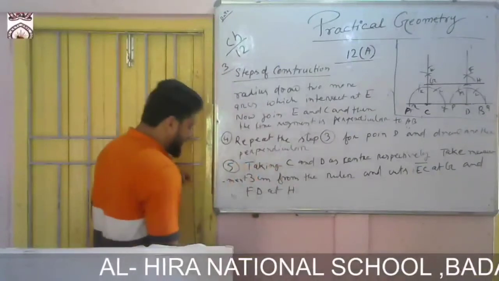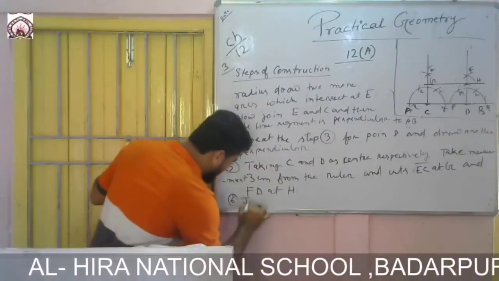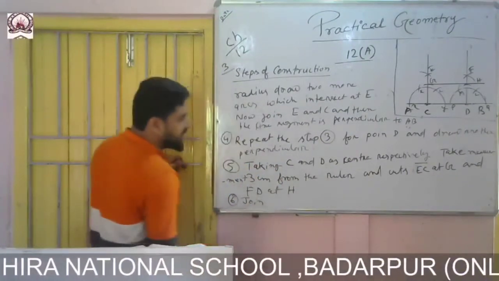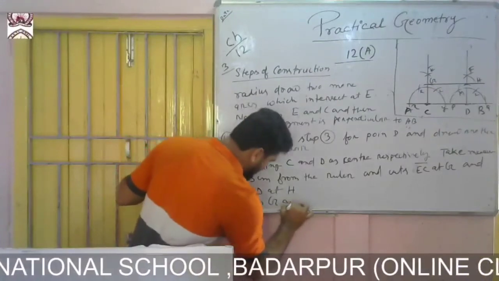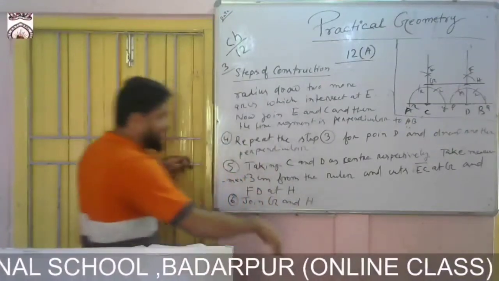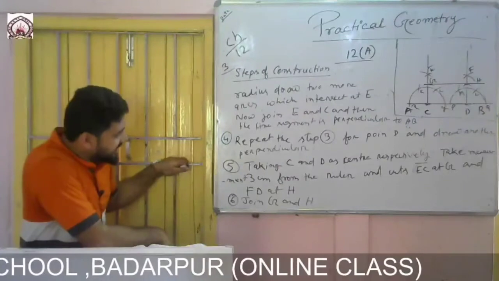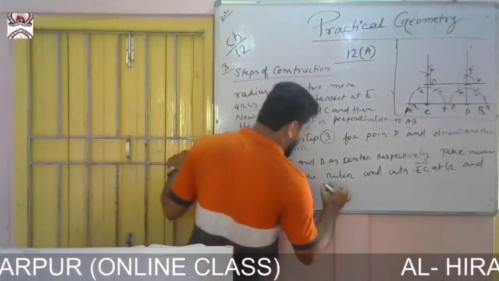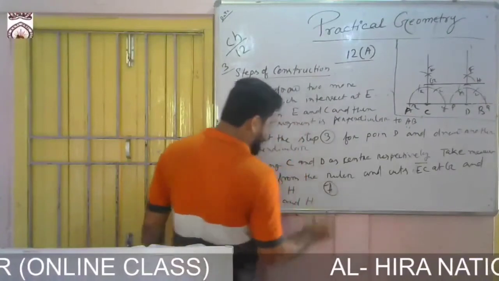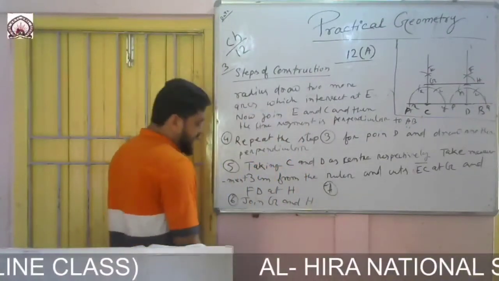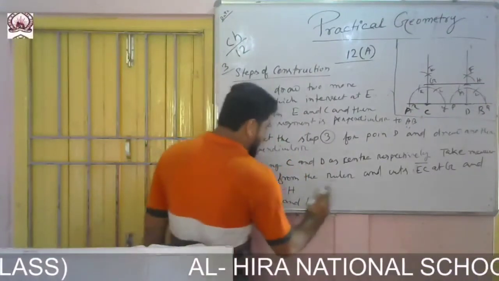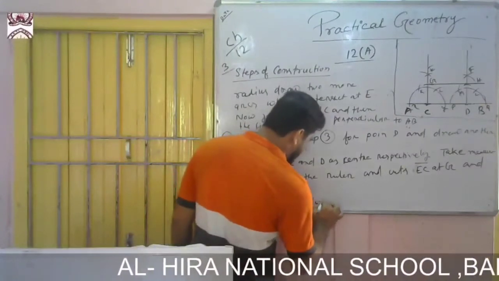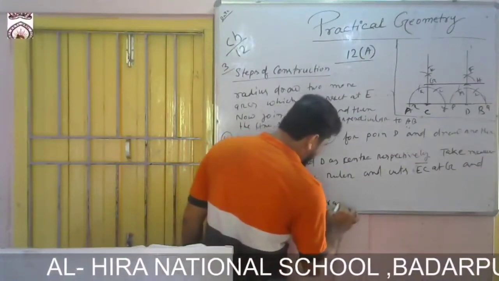Okay. Step 6, join G and H. Step 7 I am writing here. Join G and H with a ruler.